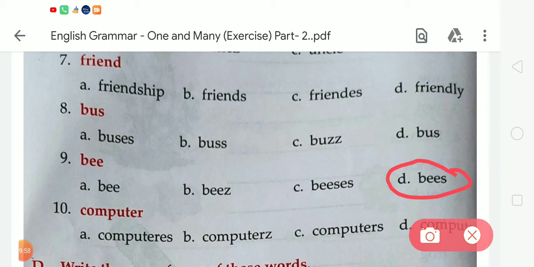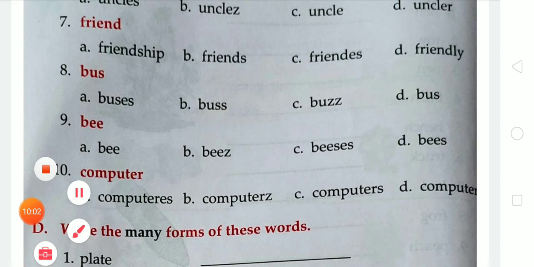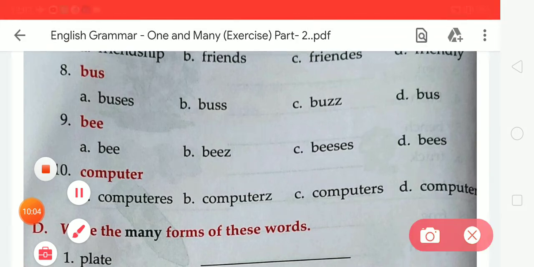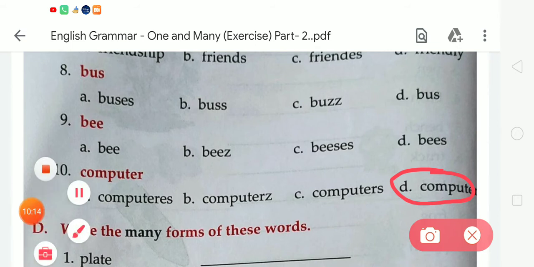So the given word computer is already a plural form. So we have to circle option number D, that is correct. There are many more examples of plural words like children, pants, scissors. These words already have a plural form.